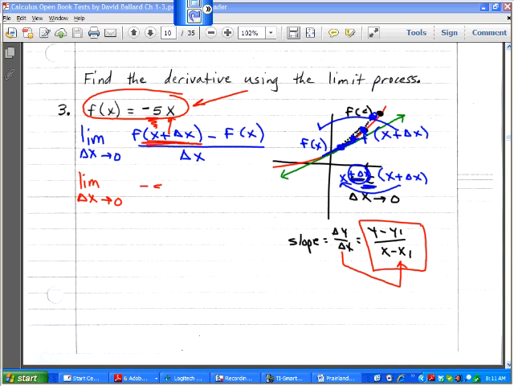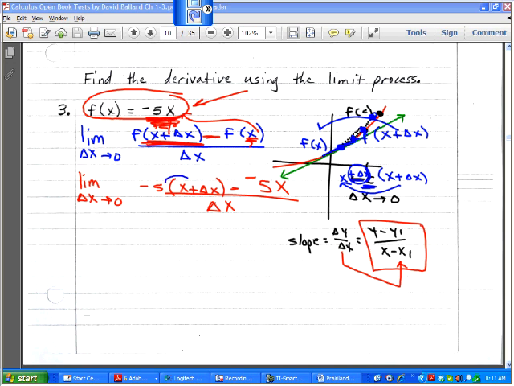So that's going to look like negative 5 times, insert x plus delta x where the x was in this f function. And then the minus sign. And then now we're going to replace the x in the f function with x. And so we would have minus 5 times x, over delta x.